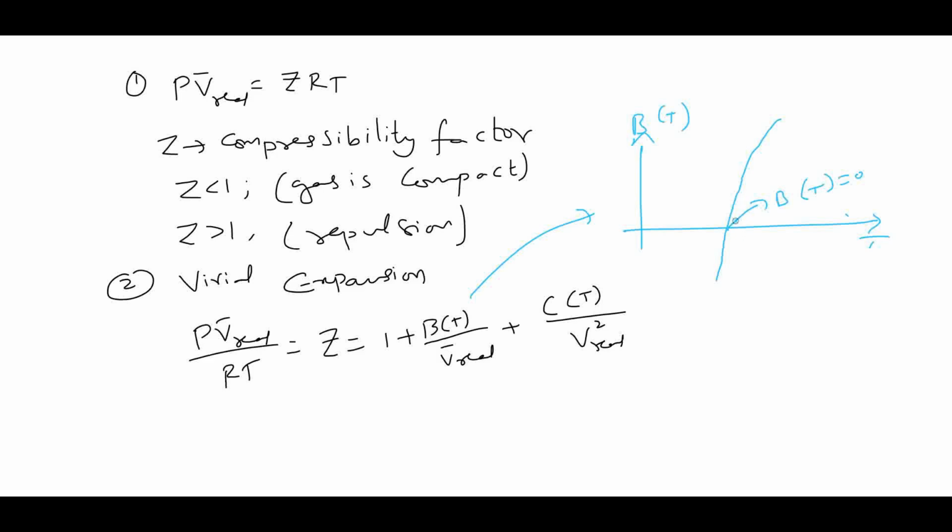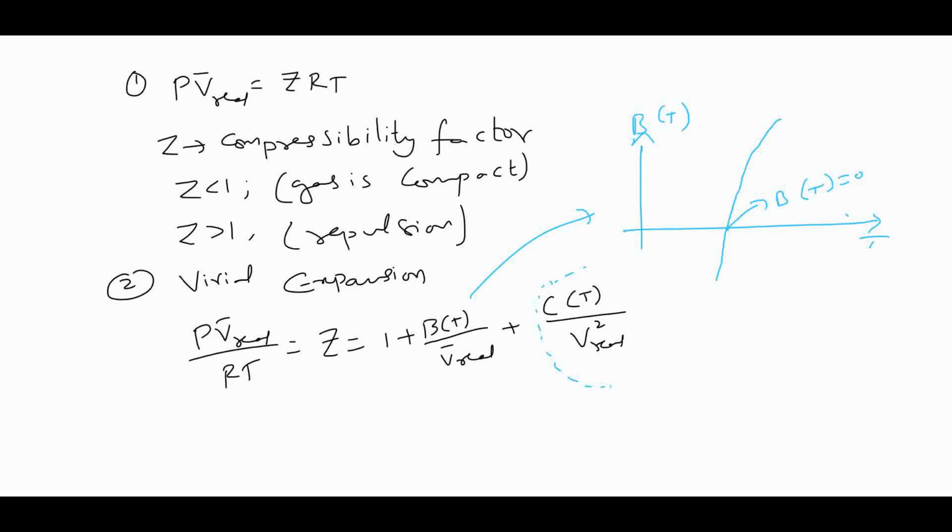Above this temperature B of T is positive, and below that it is negative. And these higher order terms we can neglect because they have a negligible effect on this equation.